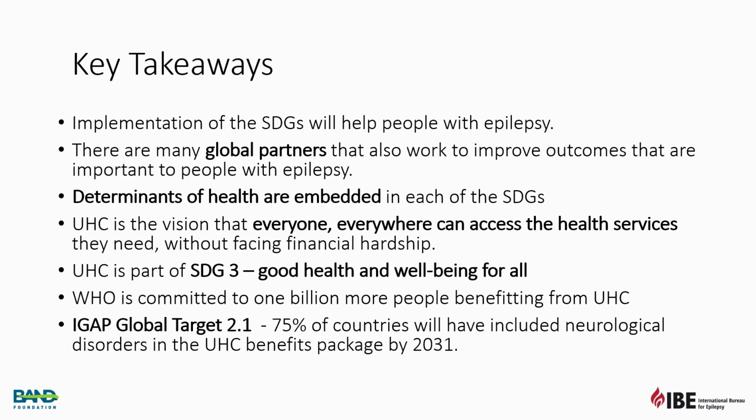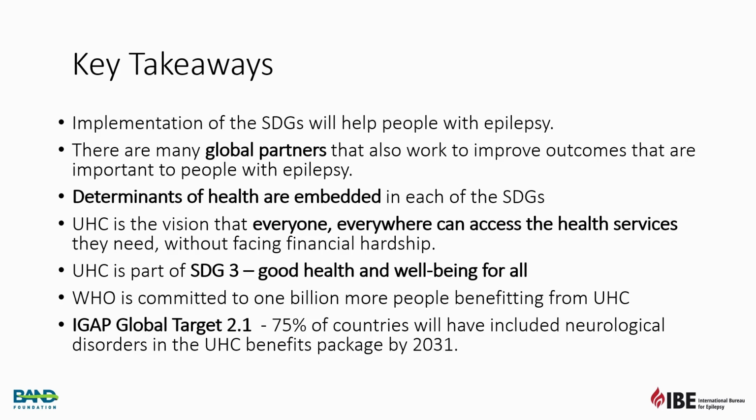The key takeaways from this module are that implementation of the SDGs will help people with epilepsy, that there are many global partners that also work to improve outcomes that are important to people with epilepsy, that the social determinants of health are embedded in each of the SDGs, and that UHC, or universal health coverage, is the vision that everyone, everywhere, can access the health services they need without facing financial hardship.